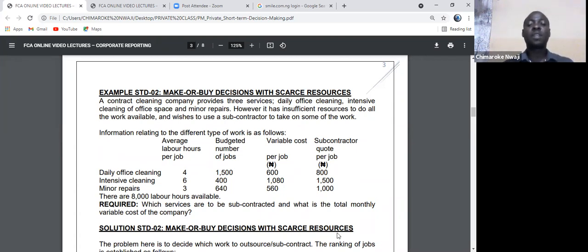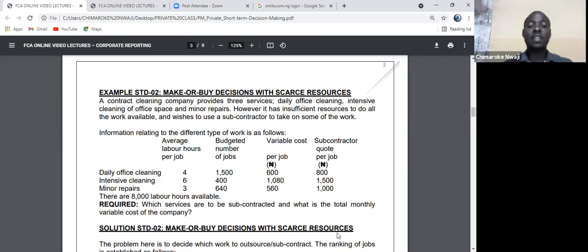Now look at the variable cost of doing the job. So when we say variable cost, it is the cost to the entity. It means here that to do the job, the entity would have spent 600 naira, 1,080, and 560. But if you want to subcontract the job, the subcontractor is going to take 800, 1,500, and 1,000 naira.